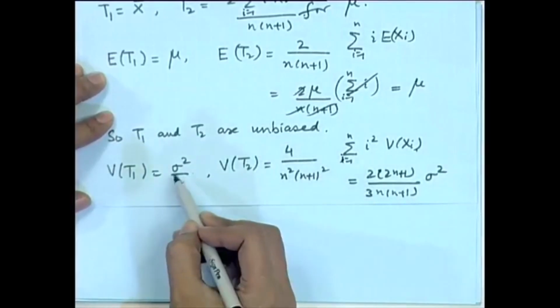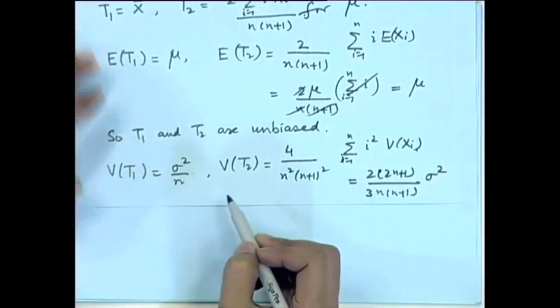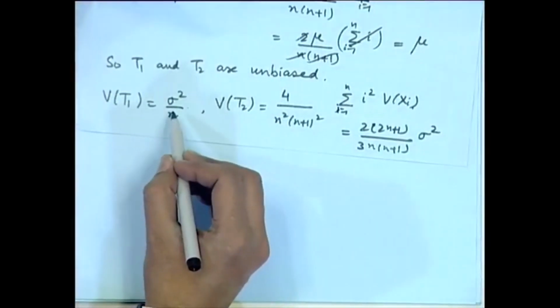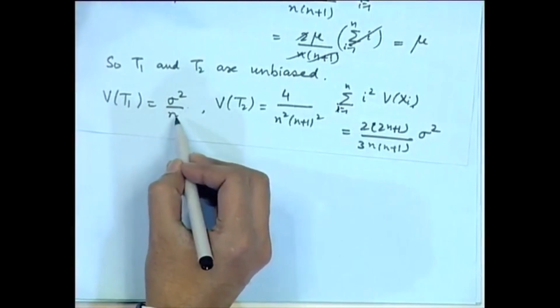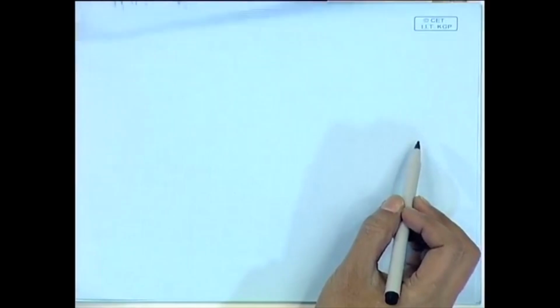Now, we can also check the consistency here. For example, both of them are unbiased, and the variance of T1 goes to 0 as n tends to infinity, and the variance of T2 also goes to 0 as n tends to infinity.